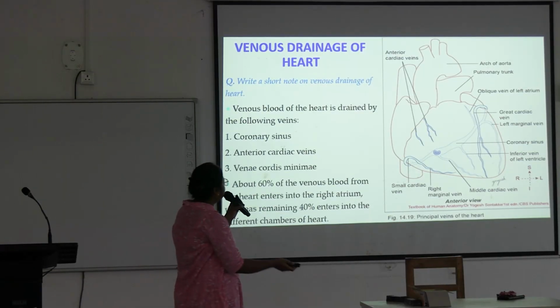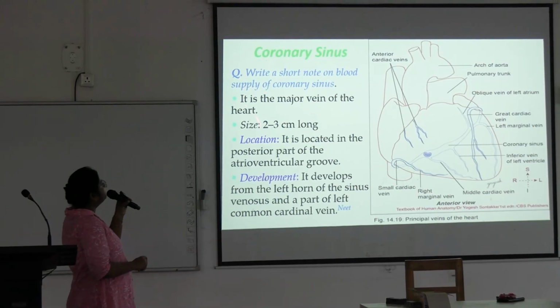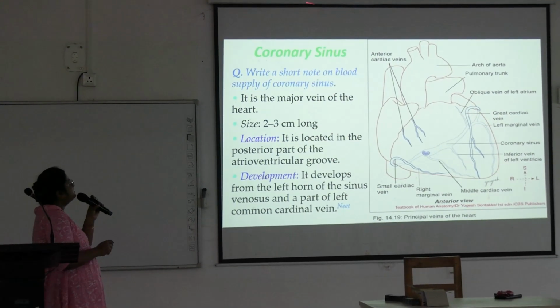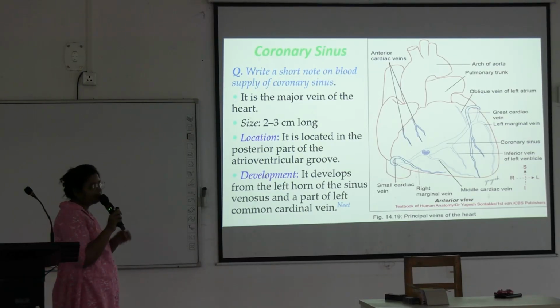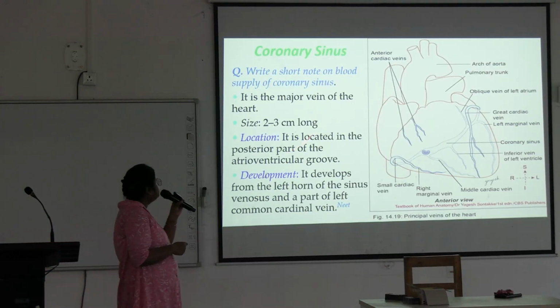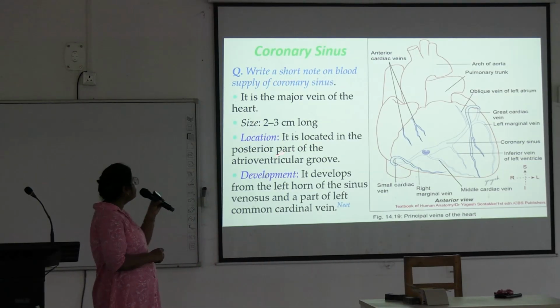Okay. Next. So coronary sinus is the major vein of the heart. This is an important short note. Coronary sinus, very important short note. It is the major vein of the heart. Size is about 2 to 3 centimeter long.